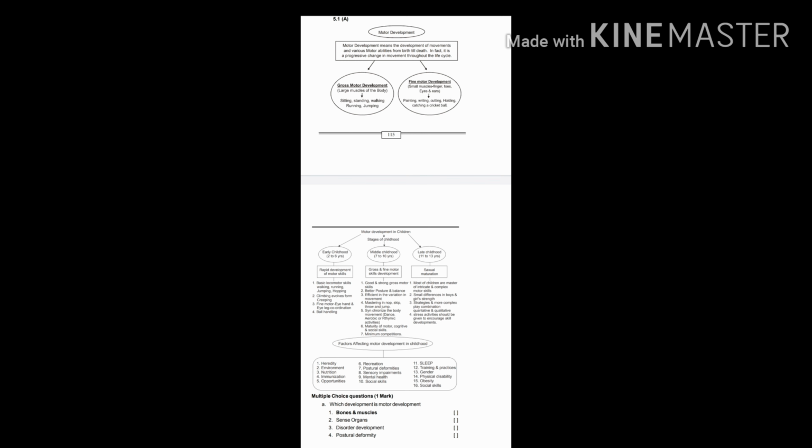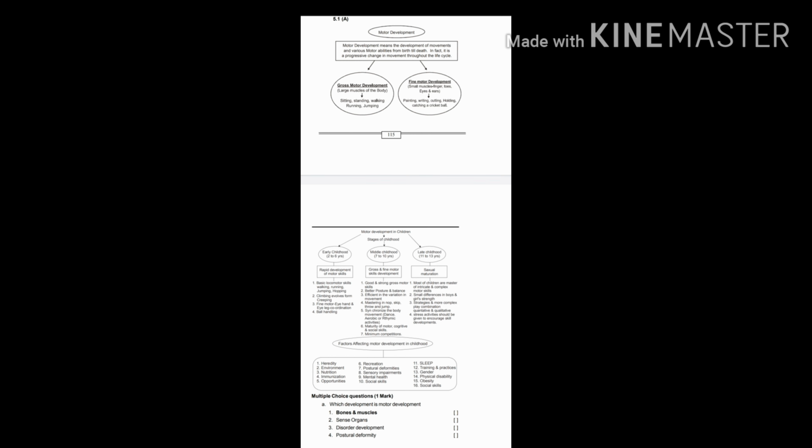Motor development. First, you should know what motor development is. What is the meaning of motor development? Motor development refers to the development of a child's bones, muscles, and his or her ability to move around and manipulate his or her environment.